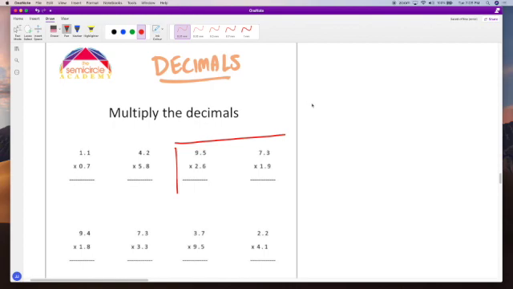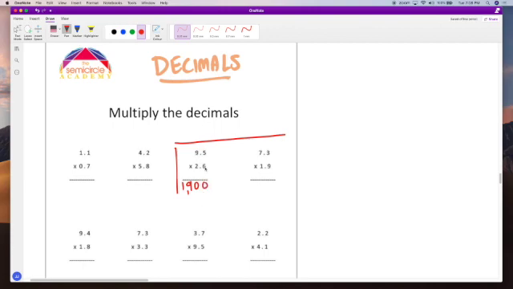All right, so the first one here, we could really treat it as 95 times 26. So 95 times the 2. 5 twos are 10, 190. And 9 twos are 18, and 1 is 19. Then I have to add the 0 here.